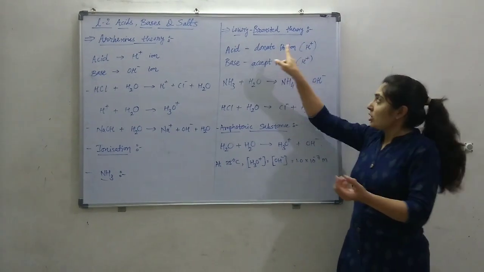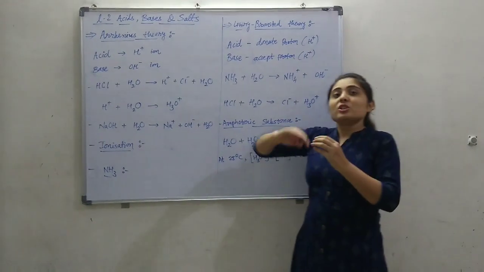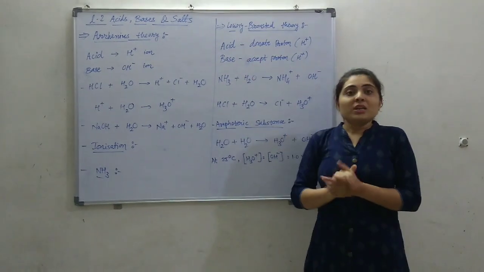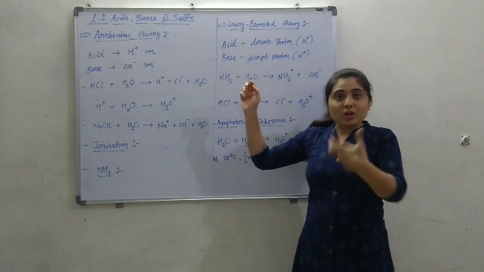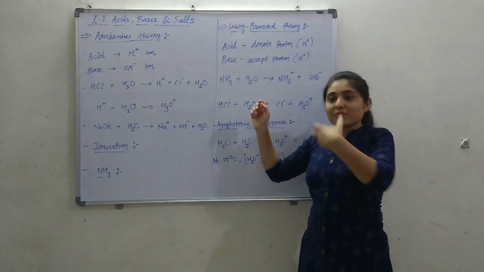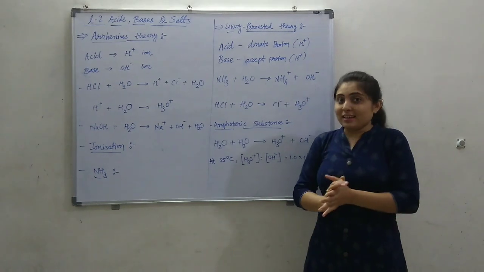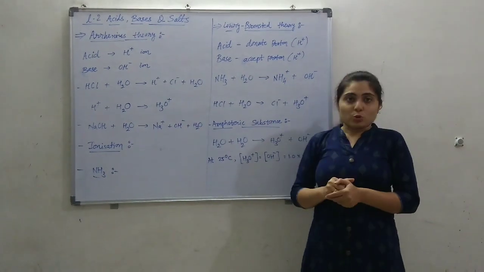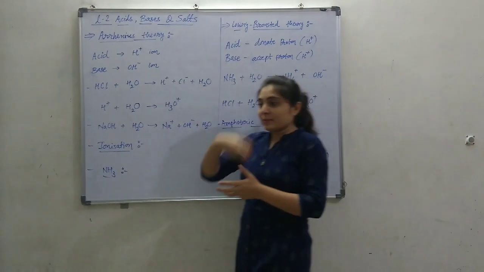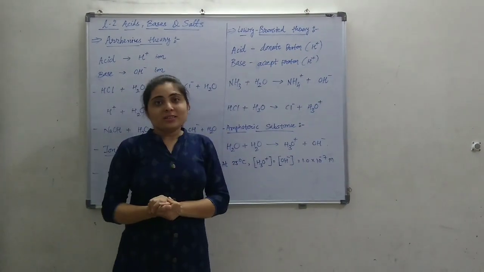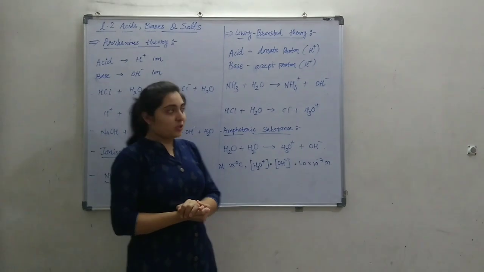So if anything donates a proton, giving H plus, then that thing will be acid. And bases are the things which accept protons. Which accepts the H plus, or accepts the proton, is called the base.